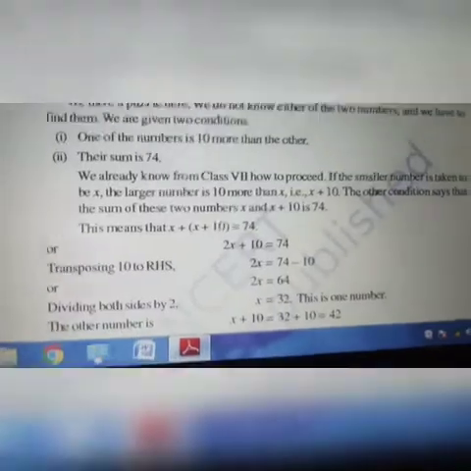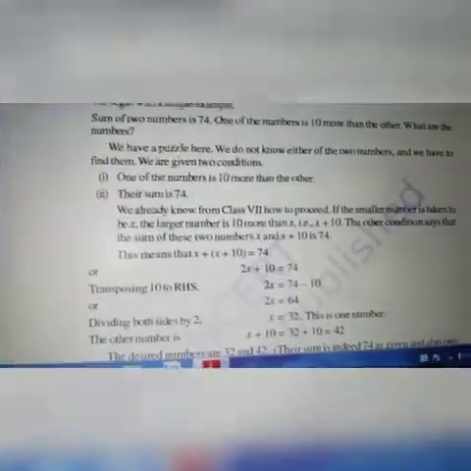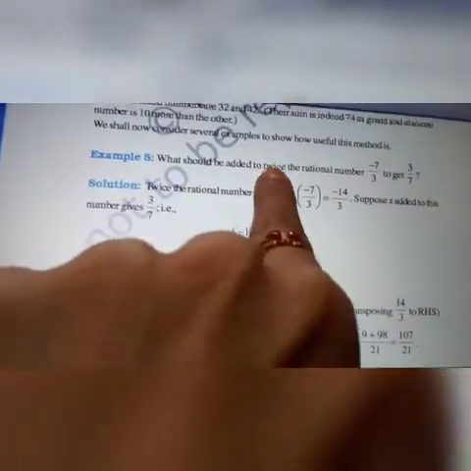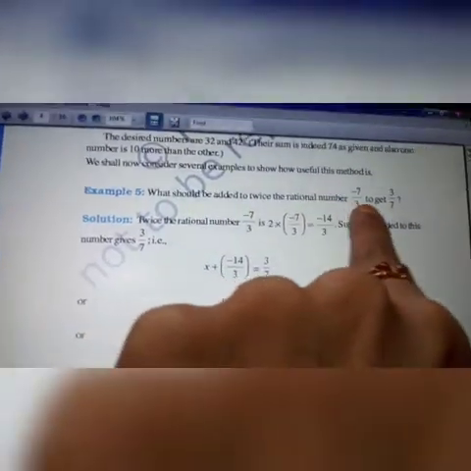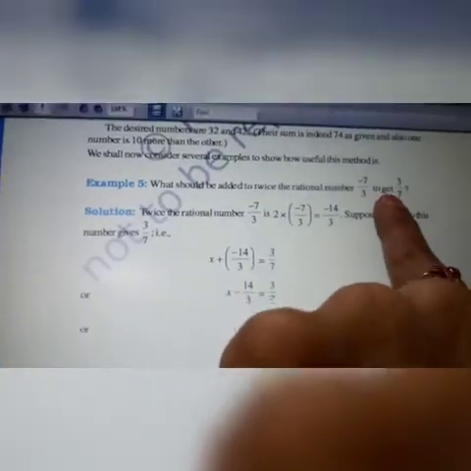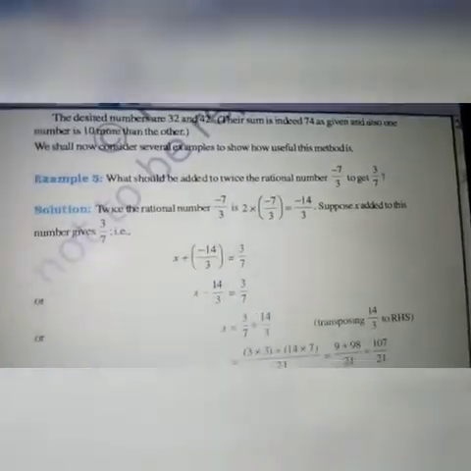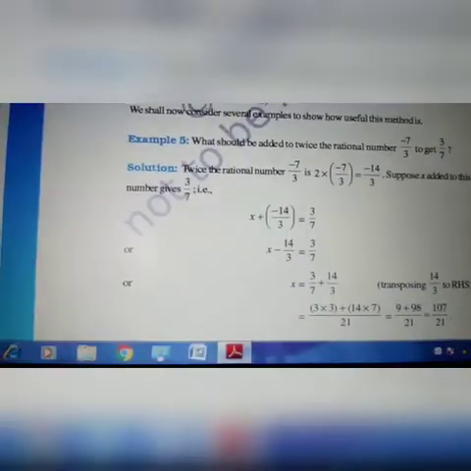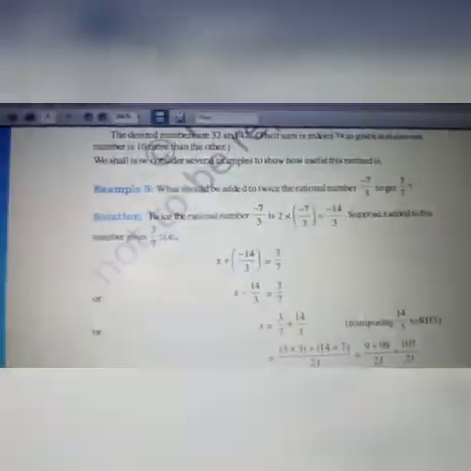Okay, for example, I will take example 5. What should be added to twice the rational number minus 7 by 3 to get 3 by 7? Is the equation given directly? No. So what will you do? You will frame the equation using this general situation.